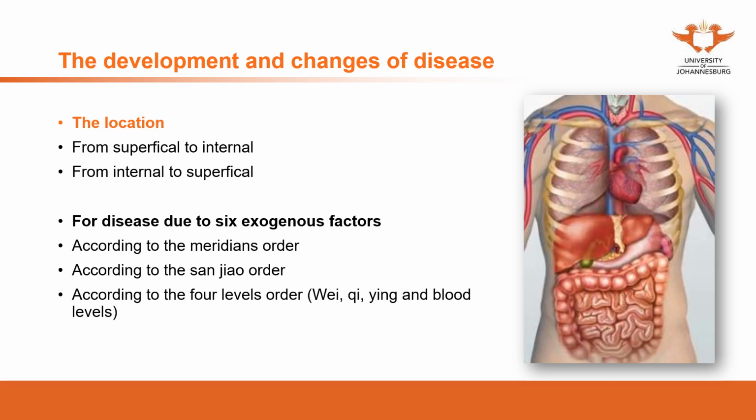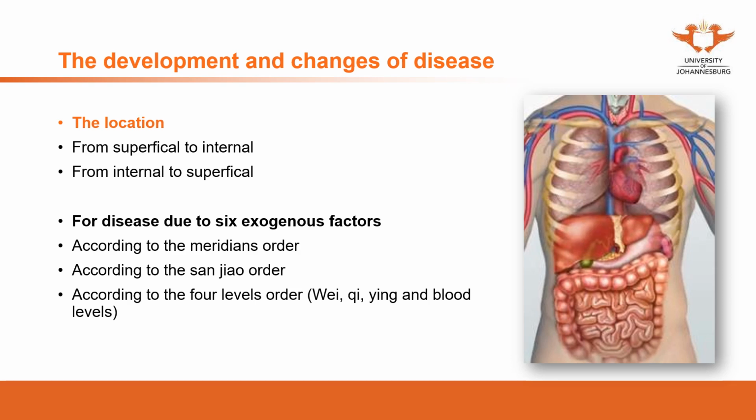What does it mean? Take the superficial diseases, such as the diseases due to the 6 exogenous factors. These factors are going to affect our health through our nose, our mouth, or the skin, that's the superficial area.